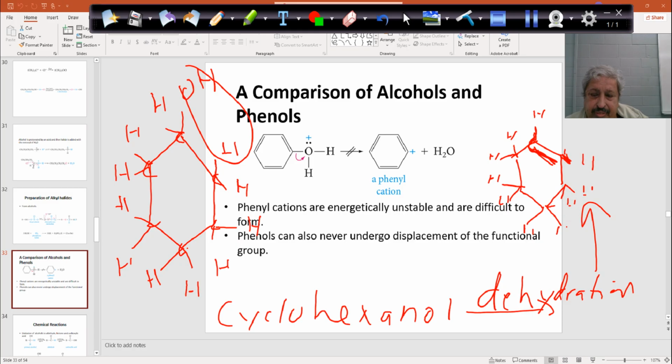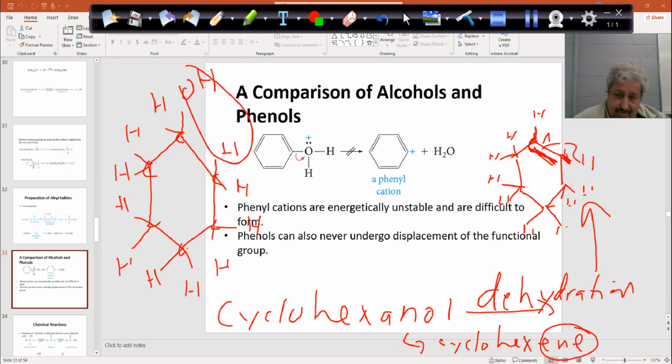So what we call this one here, instead of cyclohexanol, now you are making carbon 6, ENE, cyclohexene. And you don't have to number it because it will always have number 1, always number 1, and 2 over the double bond, and so on. So that's cyclohexene, yes.